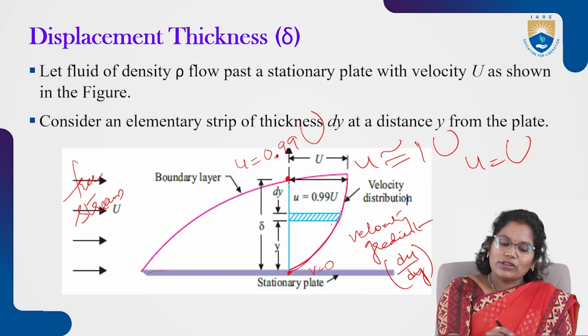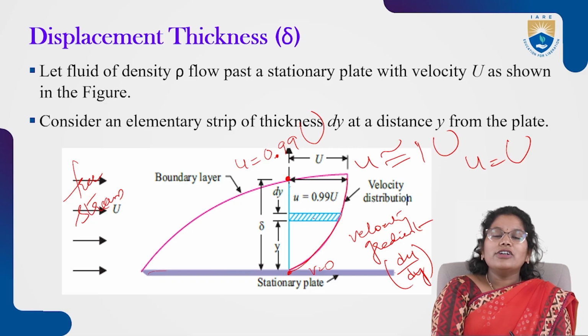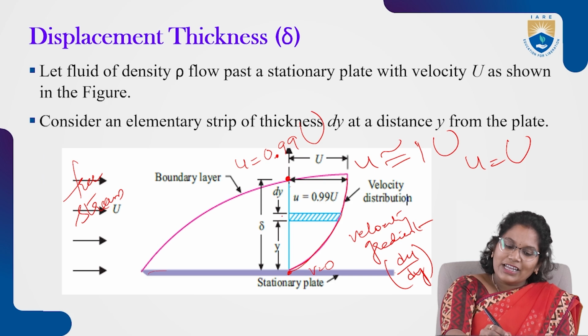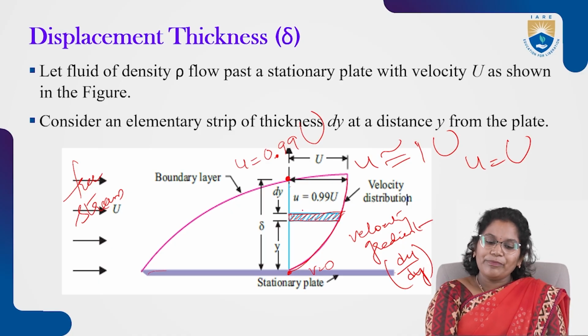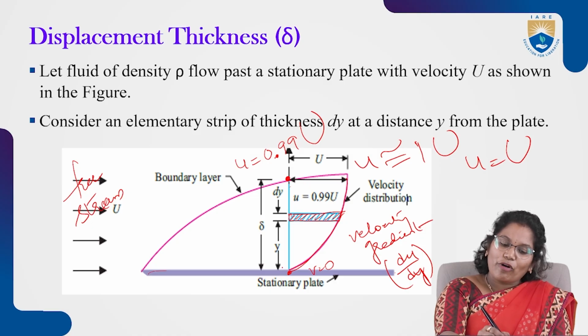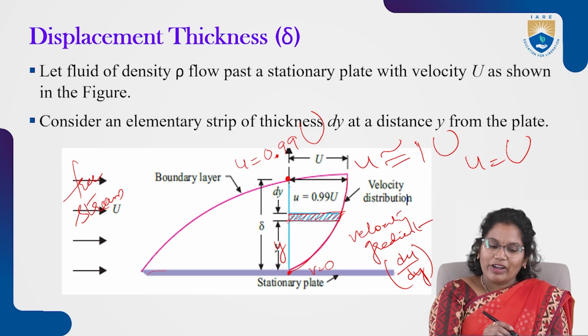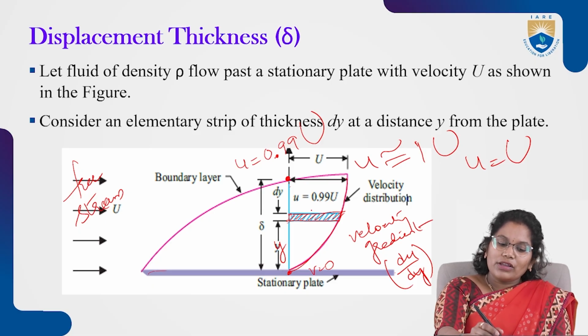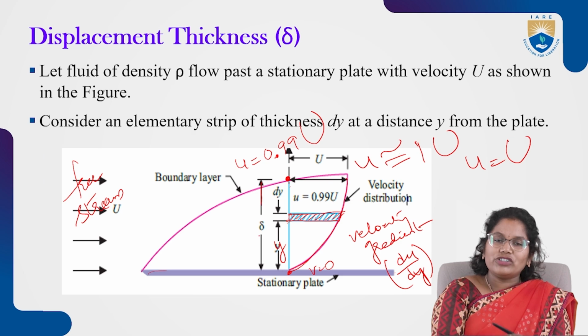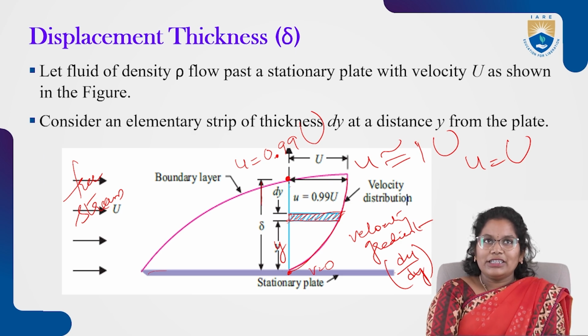In this layer, we choose a small elementary strip of thickness dy. The distance from the plate to the elementary strip is y, and the thickness of the elementary strip is dy, right? The complete height is the boundary layer thickness delta.